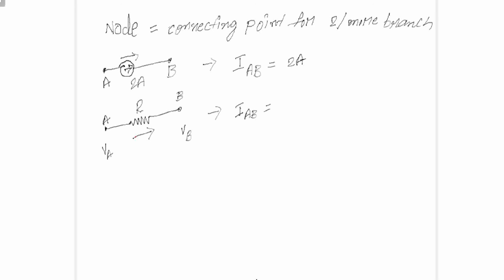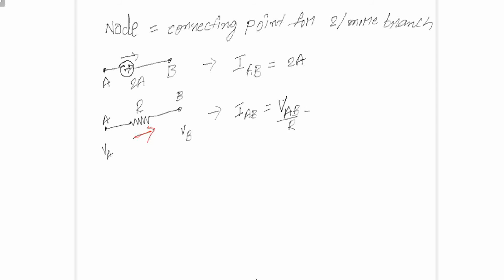What will be the value of IAB? IAB is equal to I is equal to V by R from Ohm's law. So IAB is equal to VAB by R.